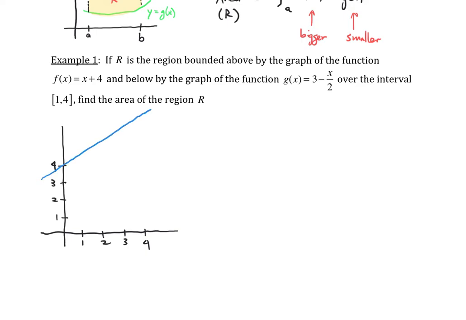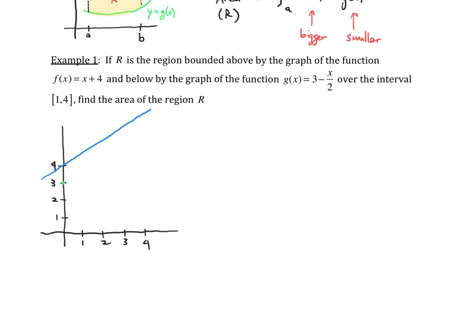It's not to scale, that's just a rough sketch, okay? And then it's bounded below by the graph of this function. Now this function is also a line. It has a slope of -1/2 and a y-intercept of 3. So again, this is just a sketch to help us get an idea what the picture looks like.